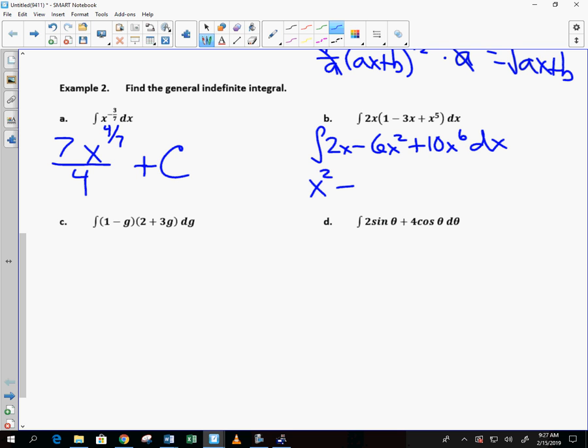Minus, what's the antiderivative of 6x squared? 2x cubed. Whoop. Sorry, 10x to the 6th. What is the antiderivative of 10x to the 6th? 10x to the 7th over 7 plus a constant.